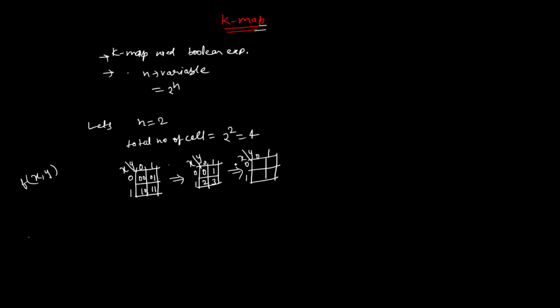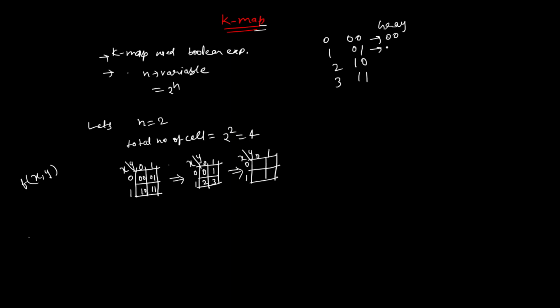So in the K-map, the numbering is written in the Gray code. So basically, suppose you have binary numbers 00, 01, 10, 11. In decimal you can write 0, 1, 2 and 3. In the Gray code, how will you write it?